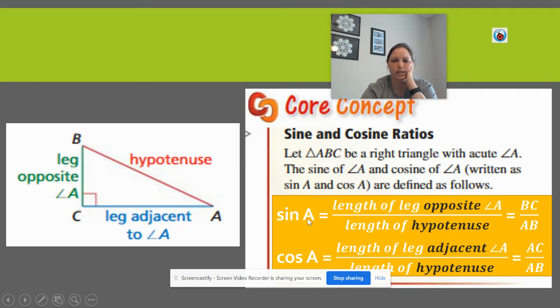So sine of A is the opposite leg, which is BC, over the hypotenuse, which is AB here. And then our cosine of A, cosine is the adjacent leg, which is AC, and the hypotenuse, again, is AB.